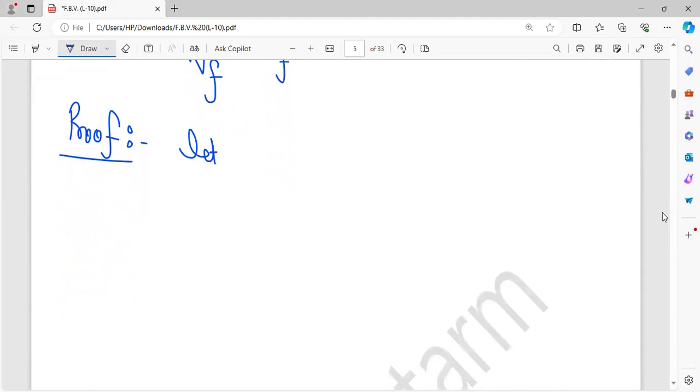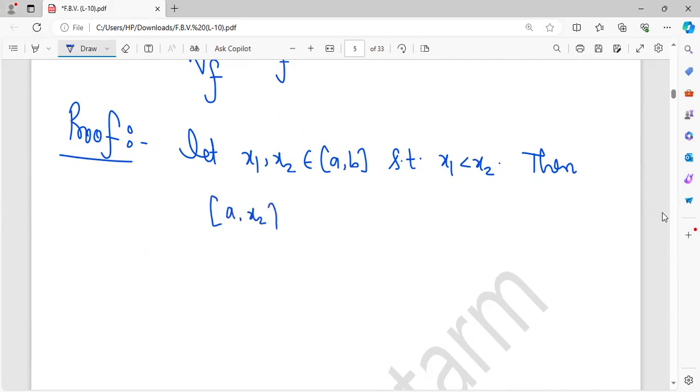So let x1, x2 belong to the closed interval [a, b] such that x1 is less than x2. Then what is [a, x2]?